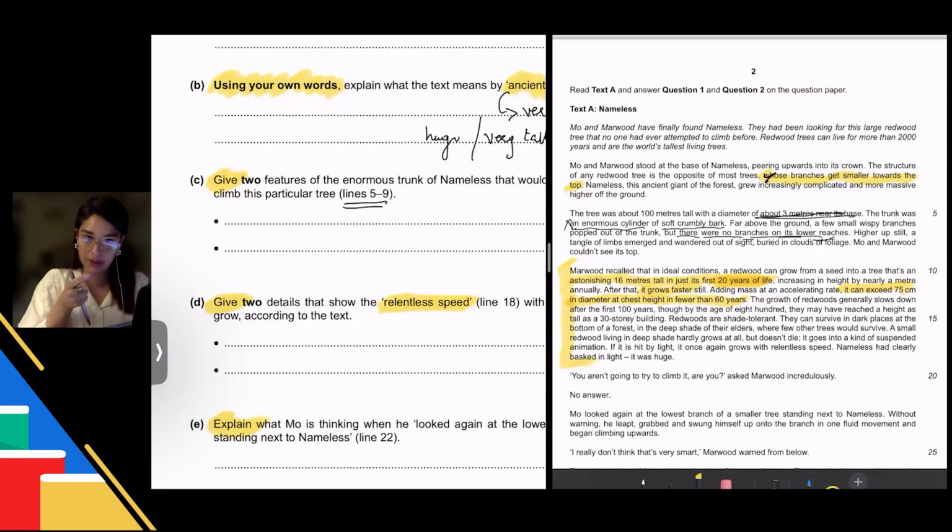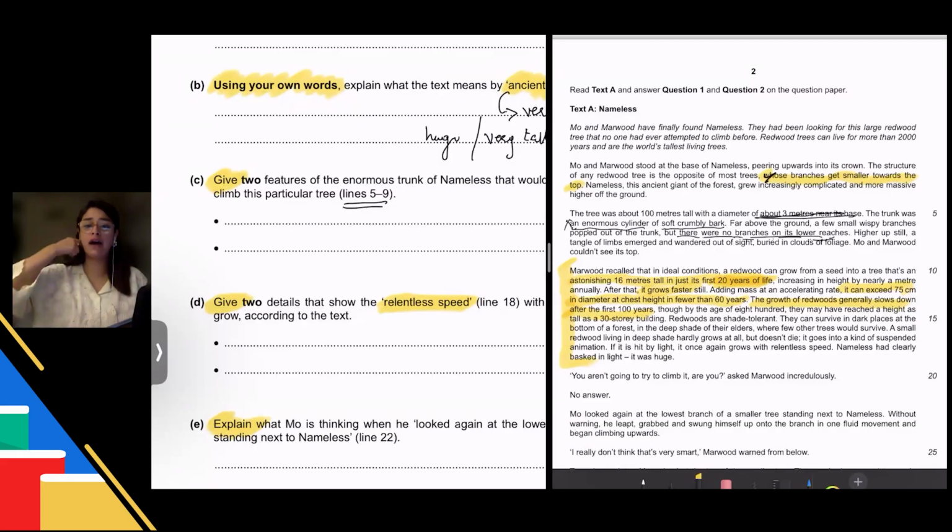So that piece of information I can include, but the entire phrase about generally slowing down after the first 100 years, that's not something I'd include. In deep shade of their elders, where few other trees would survive, don't need that. A small redwood living in deep shade hardly grows at all, but doesn't die.